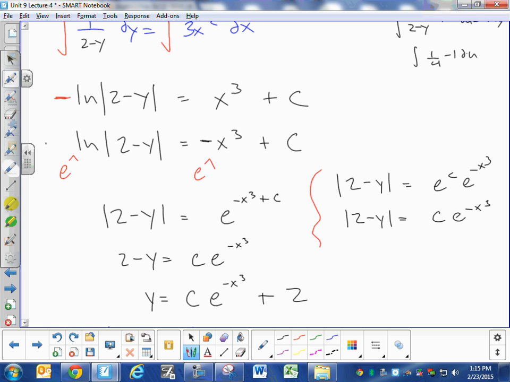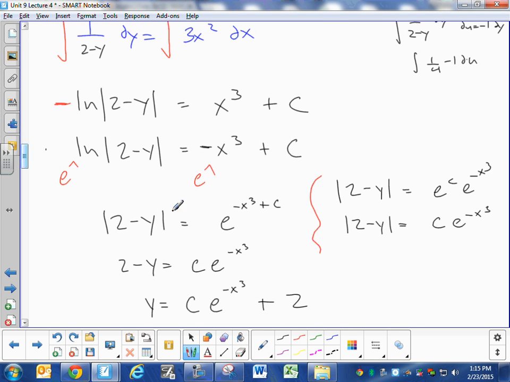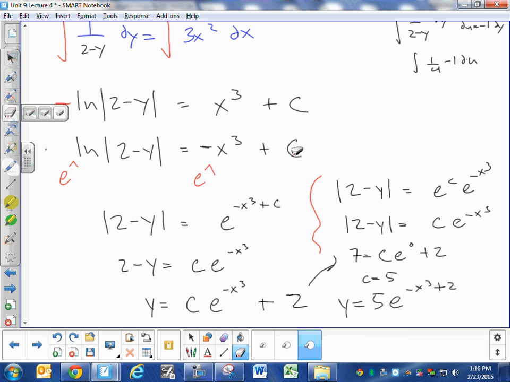Okay, now we have our initial condition. We can plug our initial condition in to find c. Once we found c, we may use the y equals equation to find y when x is 1. So 0, 7 would give us a c of 5.